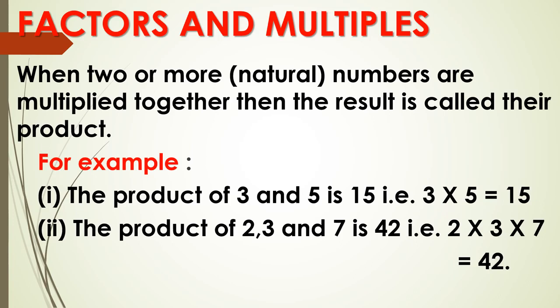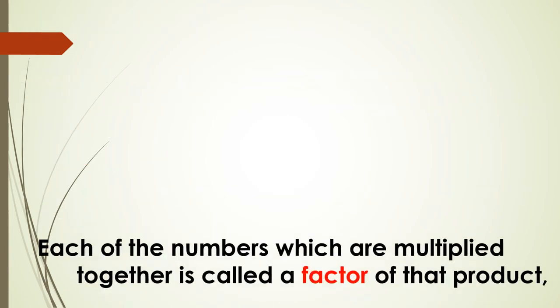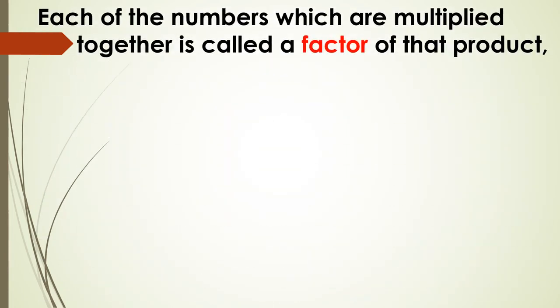Now see, each of the numbers which are multiplied together, whether they are two numbers or three numbers. If we are multiplying two numbers, as in the first example we have done 3 multiplied by 5 equal to 15, so each of the numbers which are multiplied, that is here 3 and 5, these are called the factors of that product.